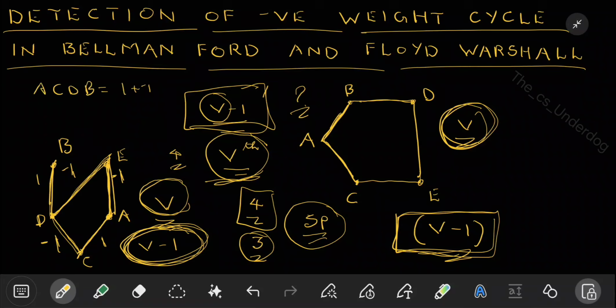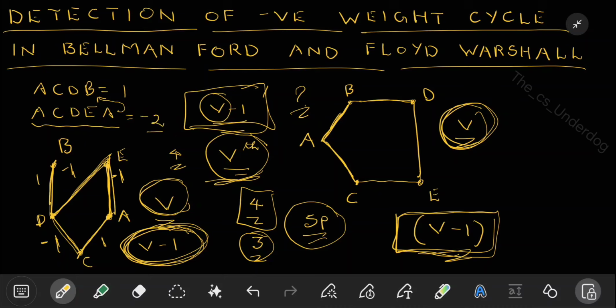But if I decide that I'll take the cycle A, C, D, E, A and then again continue with this A, C, D, B path, what happens now is this A, C, D, E, A cycle will give me 1 plus minus 1 plus minus 1 plus minus 1, that is minus 2 as the total length of this cycle.